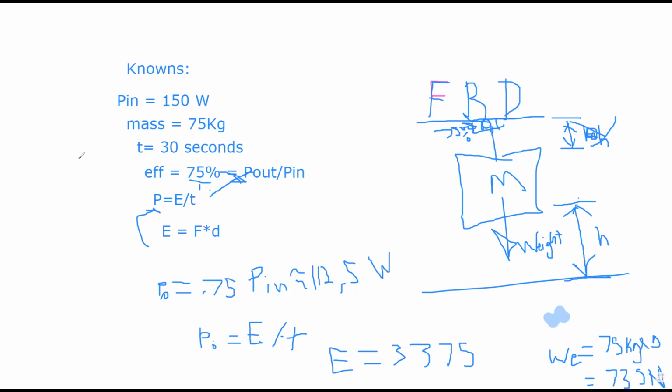All right, 735 newtons. Now, we know that energy, E, is equal to force times distance, and D is in meters. So this right here would be joules, or Newton meter.